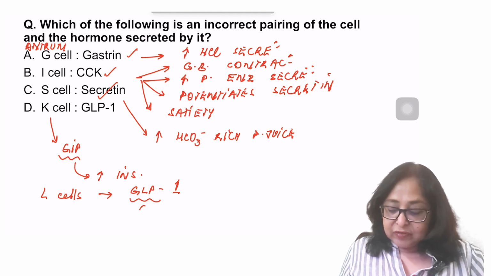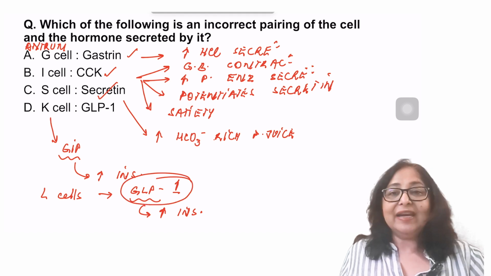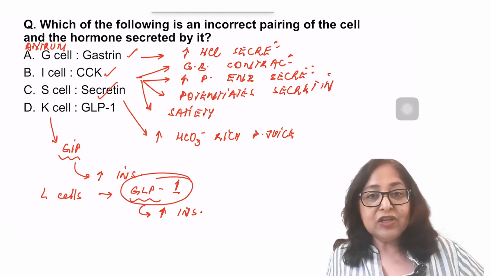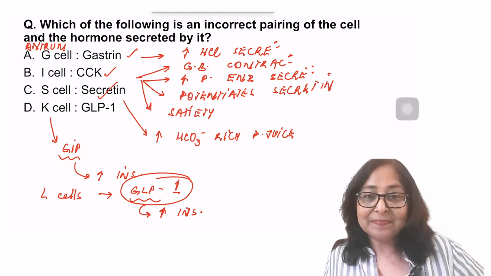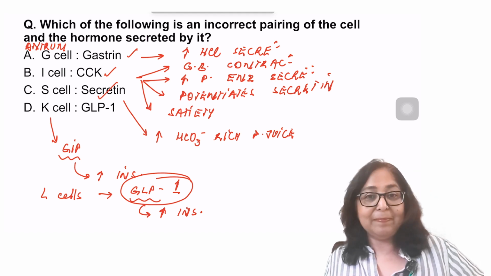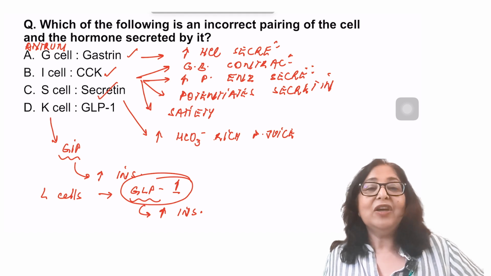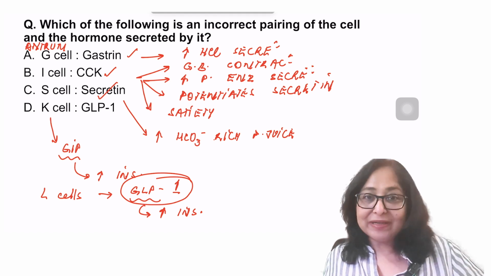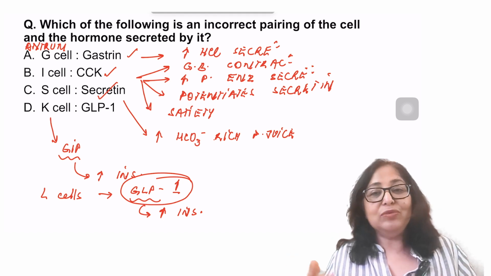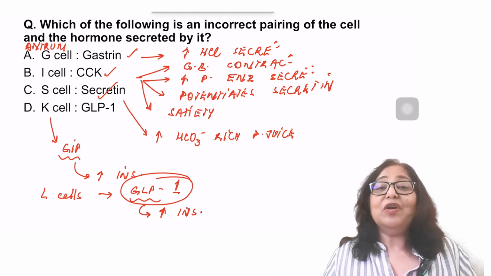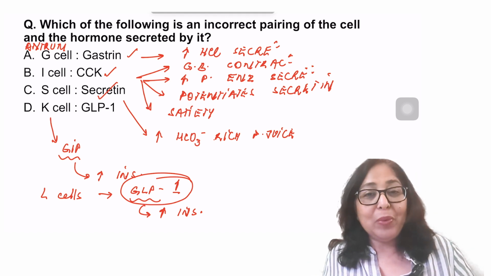This also increases insulin secretion. In fact, GLP-1 is known as the physiologic beta cell stimulating hormone of the GI tract. Out of the two, GIP and GLP-1, it is GLP-1 which is more important. And today we know GLP-1 analogs are being used in the treatment of diabetes. They also have a role to play in weight management.